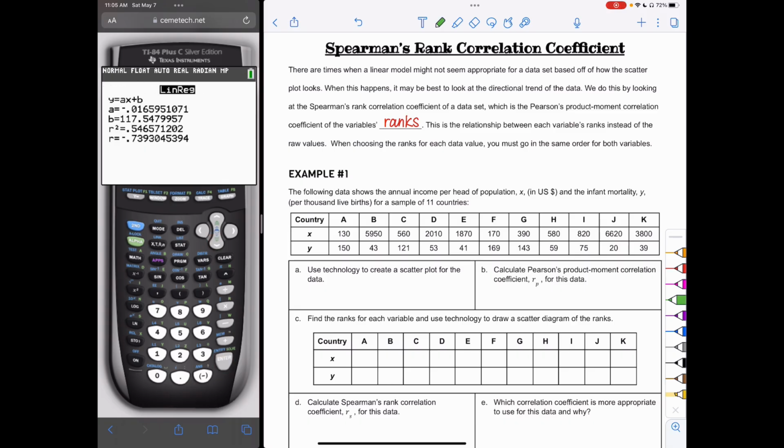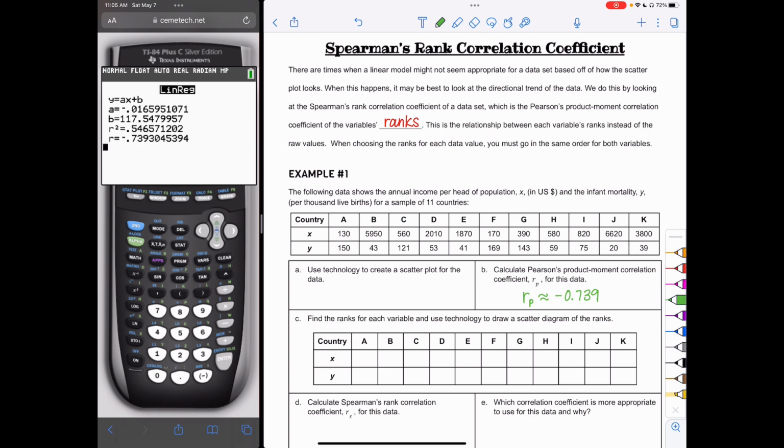So now I see that my Pearson's product moment correlation coefficient is approximately negative 0.739.